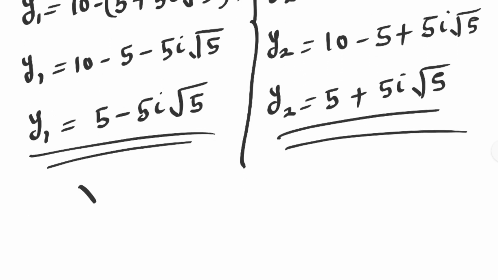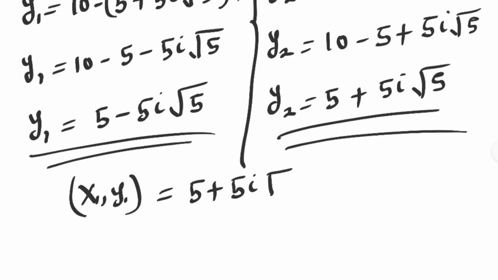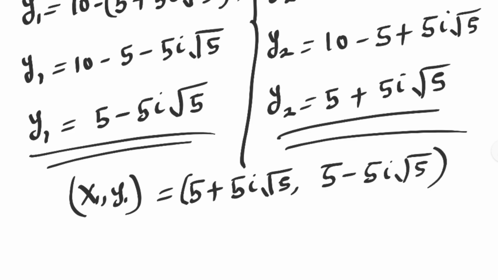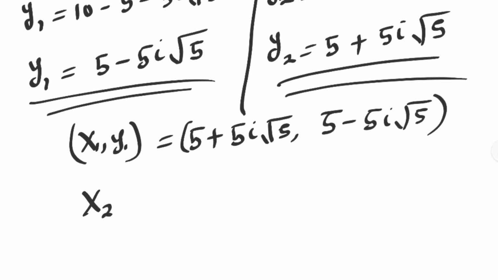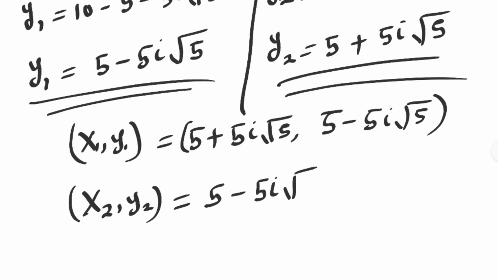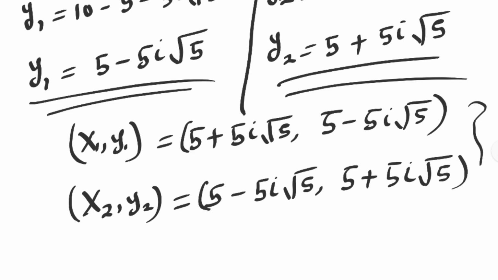Therefore, our final answers are x1, y1 is equal to 5 plus 5i root 5, 5 minus 5i root 5. x2, y2 is equal to 5 minus 5i root 5, 5 plus 5i root 5. These are the final answers.